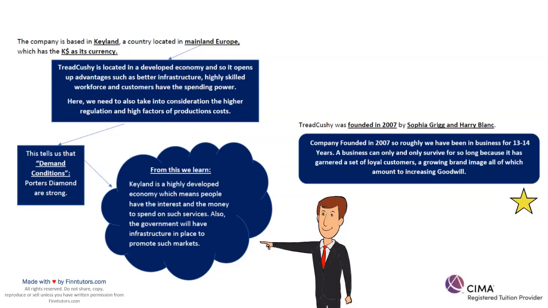But this tells me that Kieland, being a highly developed economy, means that people will have the interest and the money to spend on sustainable athletic footwear. They'll be aware of it. And the government will also be pushing for these new initiatives. They will push for infrastructure. Why?